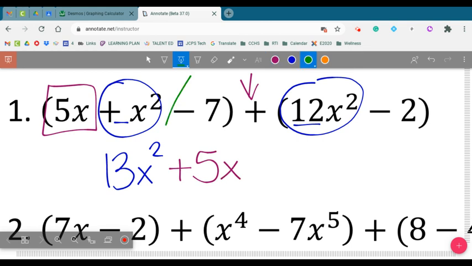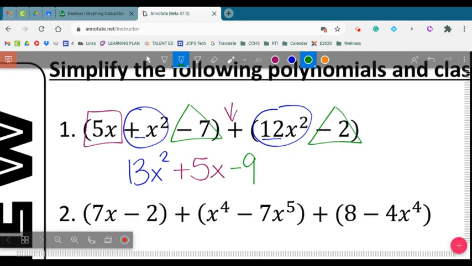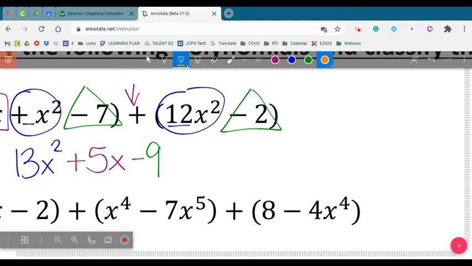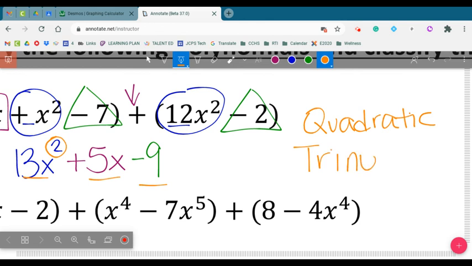And then negative 7 and negative 2. Add them and keep your signs, so you get negative 9. That's our answer. So classifying, our biggest exponent is 2, so this is quadratic. We have 1, 2, 3 terms, so this is a trinomial.